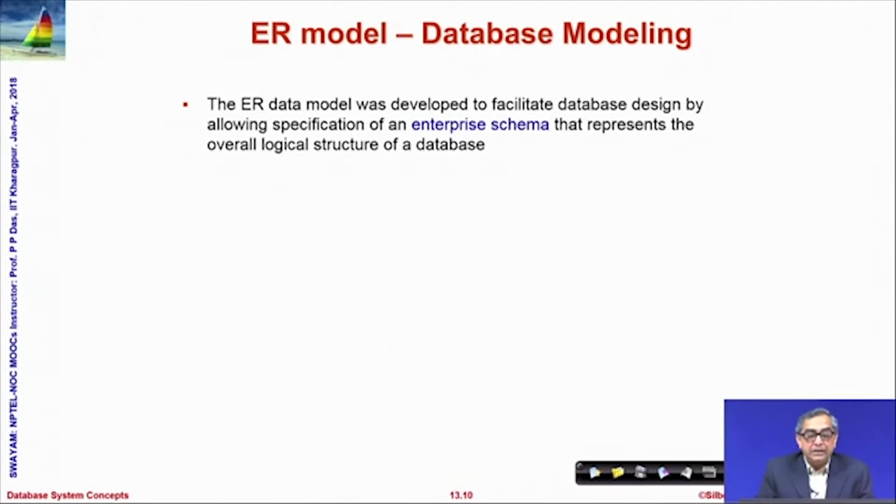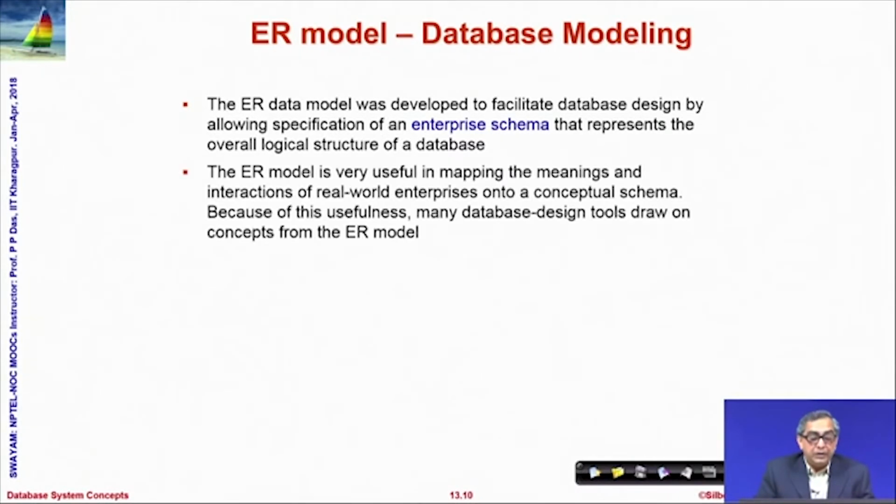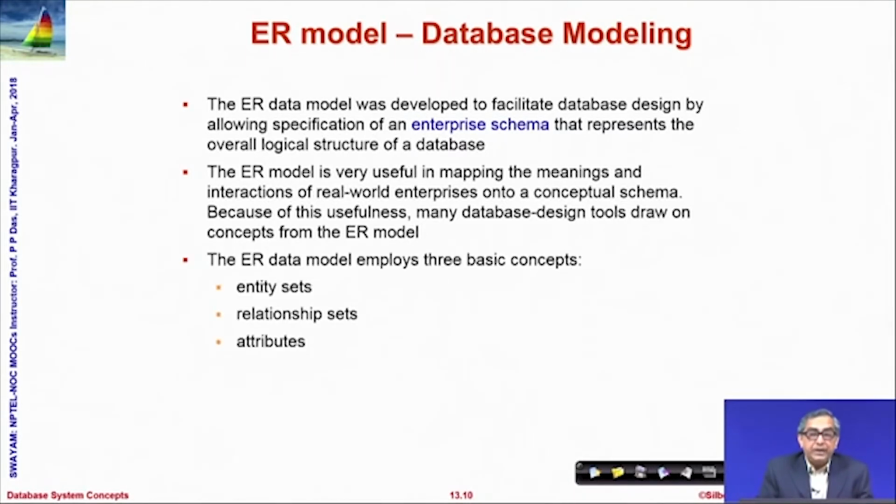An entity relationship model, as I said, is developed to facilitate the database design, get the overall logical structure. It is useful in mapping the meaning and interactions of the real world in terms of certain diagrammatic schemas, and it employs three basic concepts: entities or entity sets. We talked about entities, all entities that share the same set of properties, like if student is an entity, then the collection of student is an entity set.